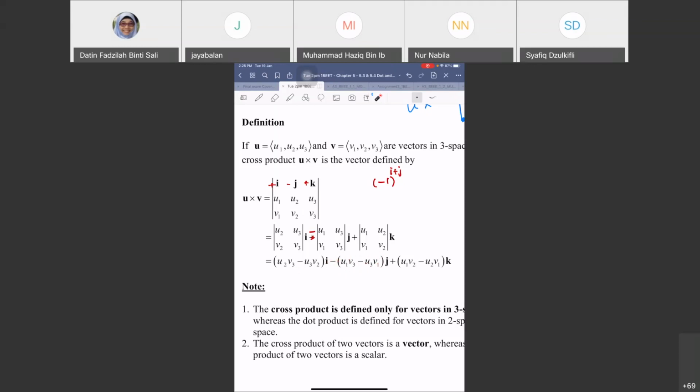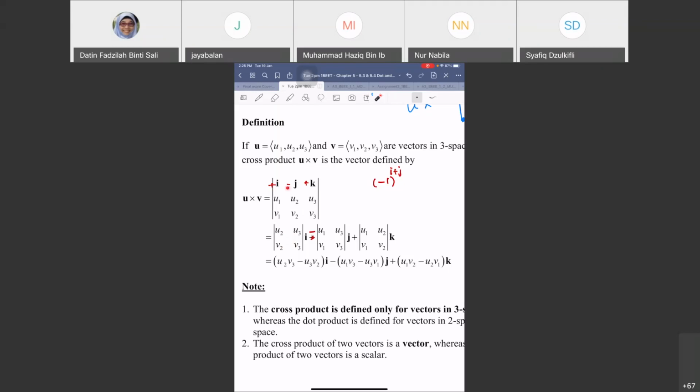Another thing that I would like to remind you: make sure you multiply your main diagonal first, then only subtract the product of this. You have done this before. Basically cross product is the same as finding the determinant. There's a difference between cross product and dot product. In a way, dot product is easier because it's quite straightforward.